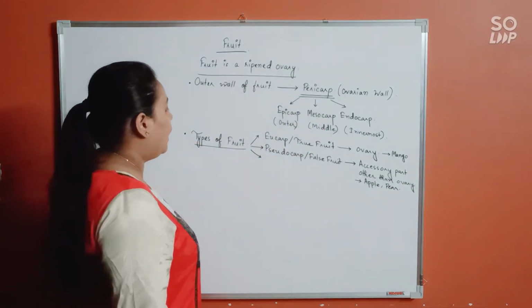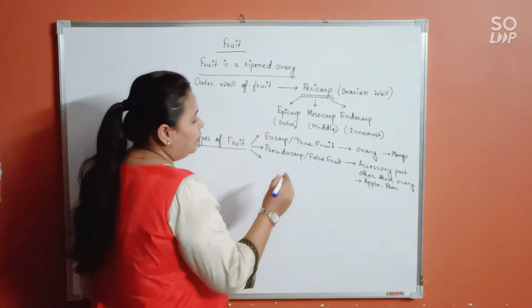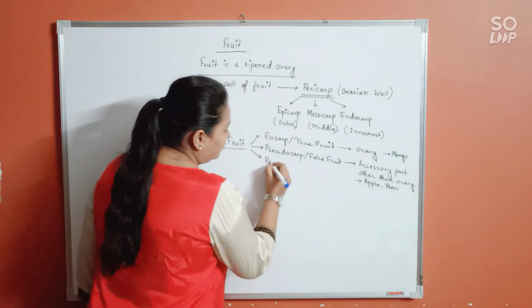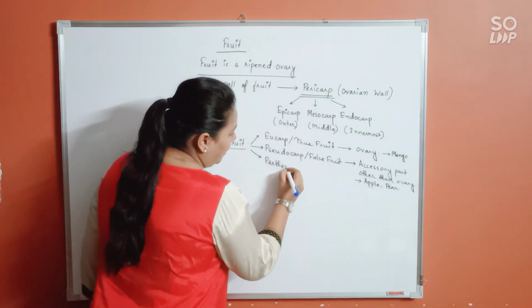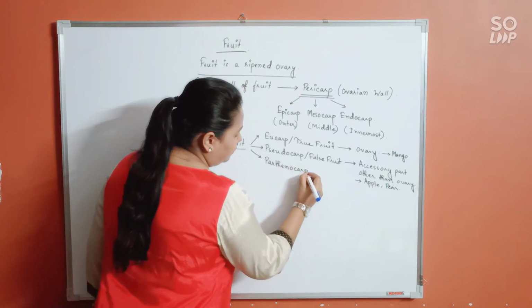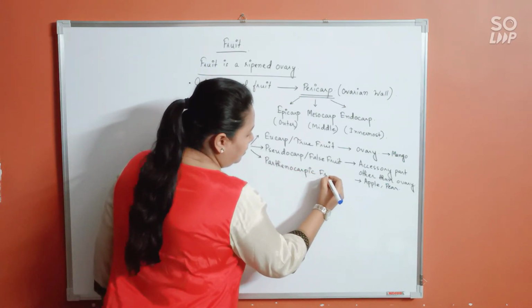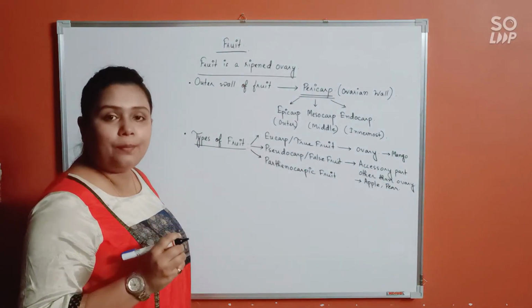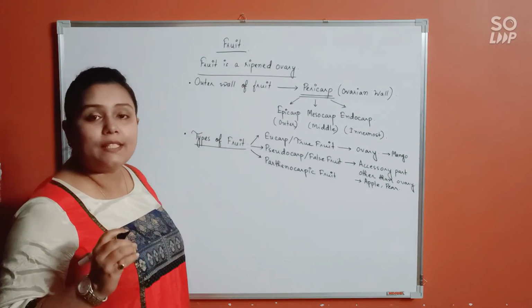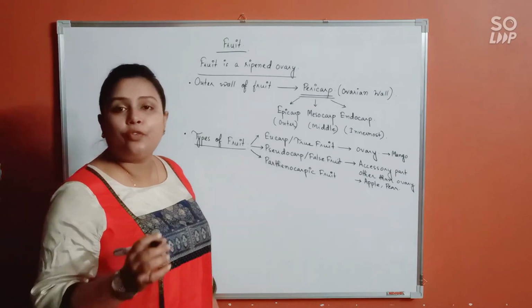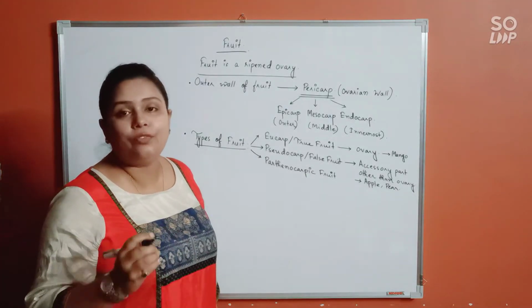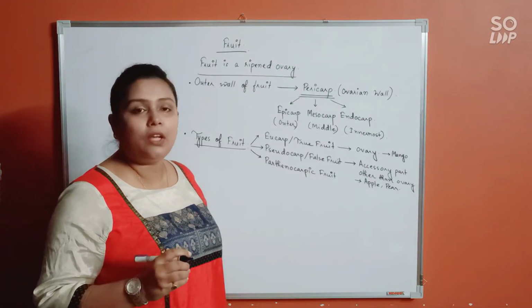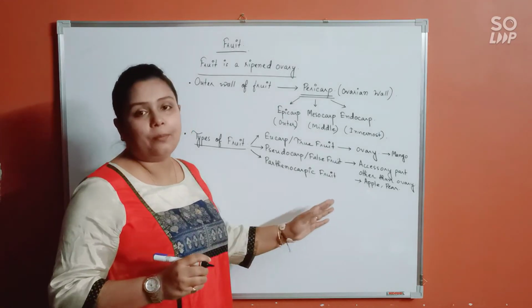Alright. Now the third and last type would be parthenocarpic fruit. Parthenocarpic fruit means fruits which develop without any fertilization. Alright. The fruits which are set without fertilization are going to be called parthenocarpic fruit.